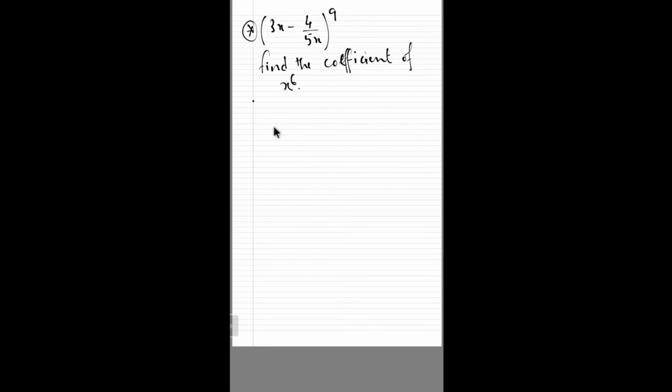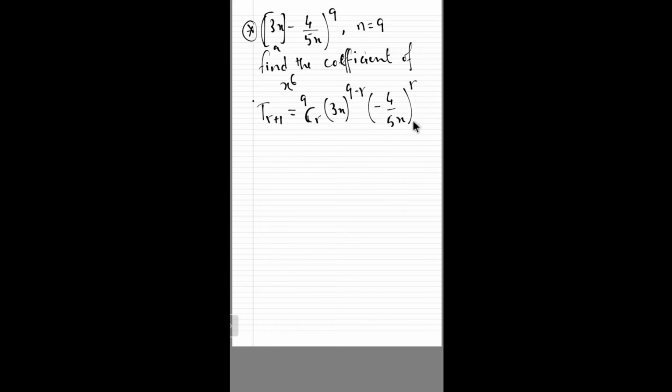What we need to do is first write the general term T(r+1). Clearly you can see here n is 9, this term 3x is a, and this minus 4 by 5x is b. So for T(r+1), we can write nCr a to the power n minus r, that means 3x to the power 9 minus r. Sorry, I've written it wrong again, this n here should be 9. So we can write 9Cr (3x) to the power 9 minus r times (minus 4 by 5x) to the power r.